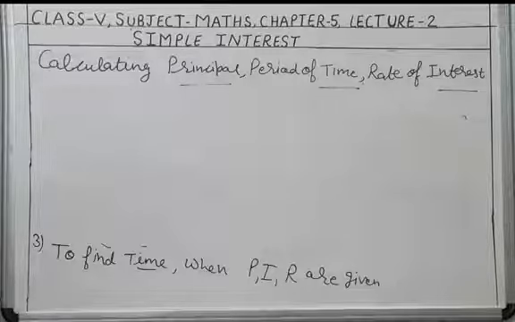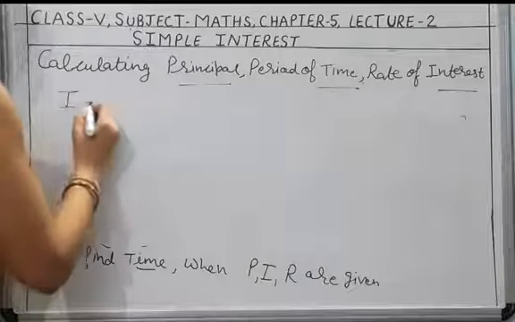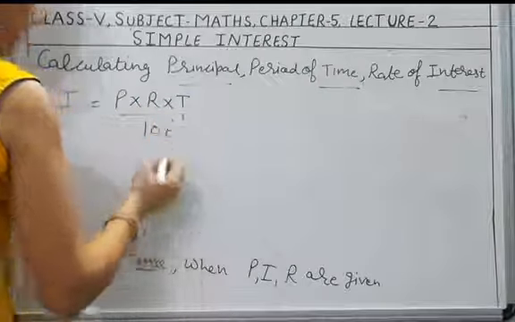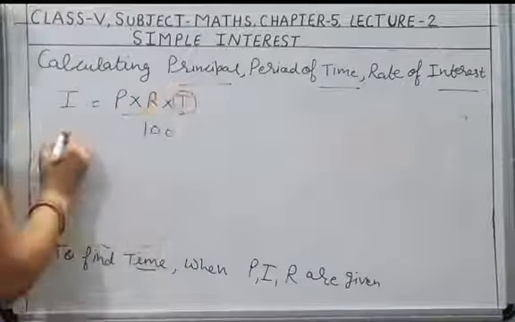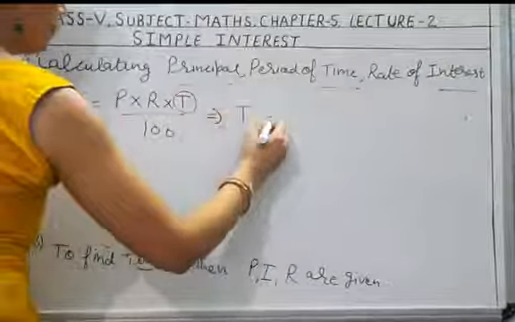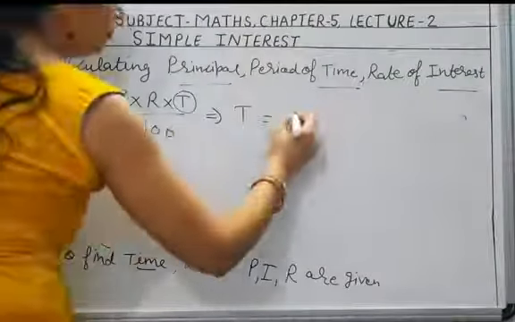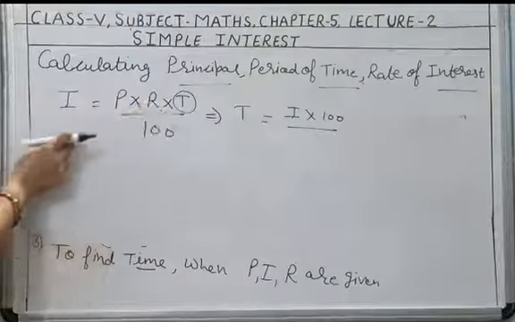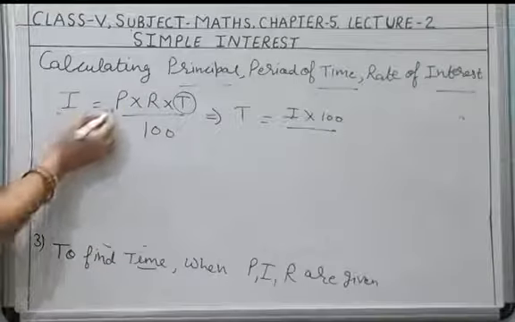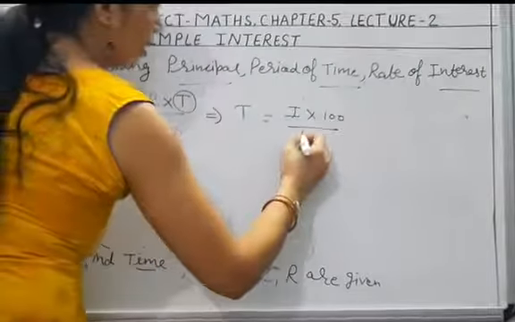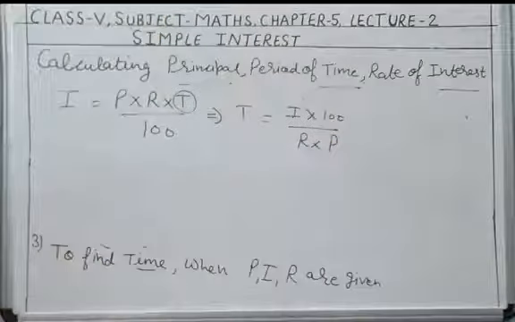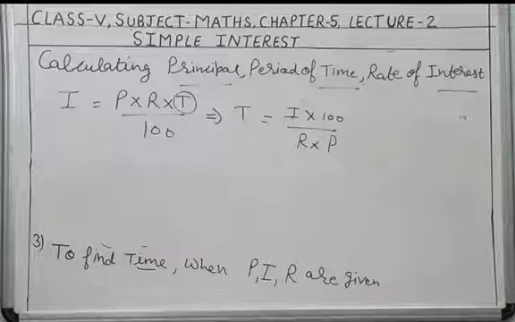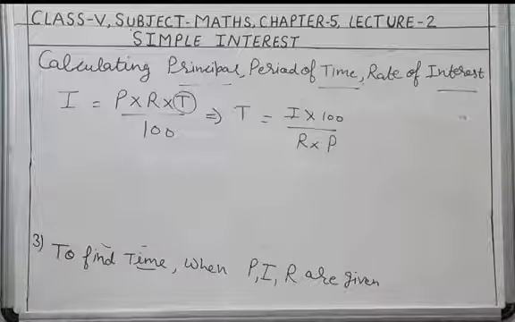Interest is equal to principal into rate into time upon 100. To calculate time, separate it. Time is equal to interest multiply 100 upon rate into principal. These will become denominator. So these are the formulas which we have derived from the formula of simple interest. Right?